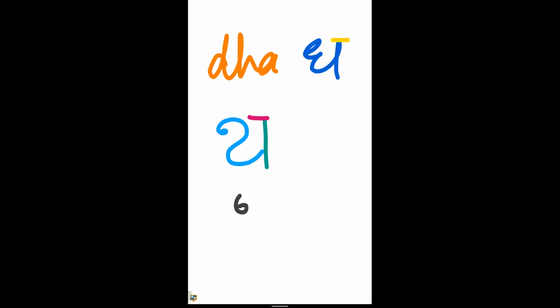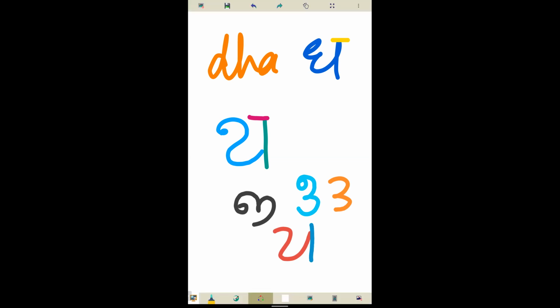A small circle coming up and then coming down. Okay. And also you can write like Devanagari 3 or like Roman 3 like this. This is also dha. This is also dha. So there are a couple of varieties. So please note them down.